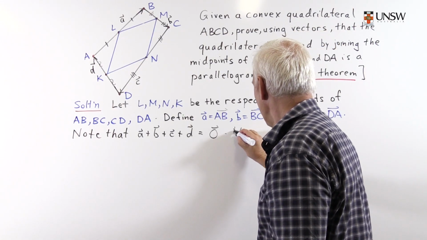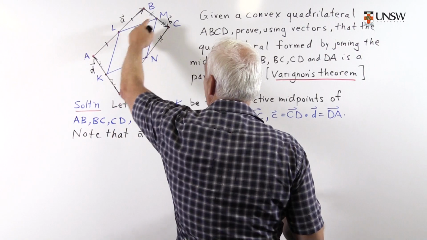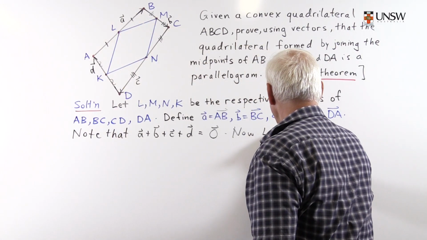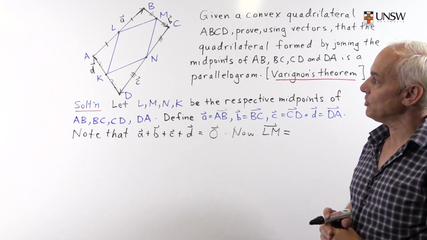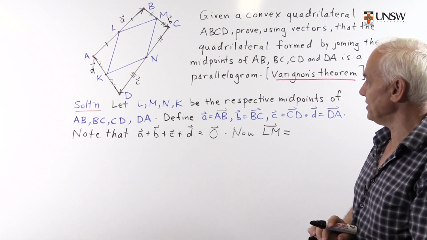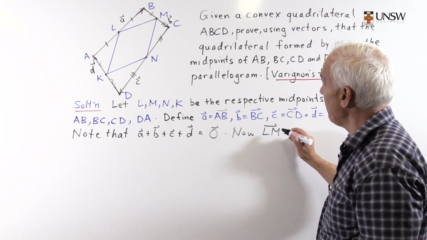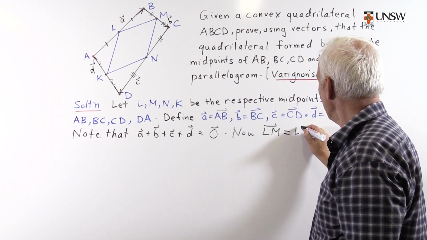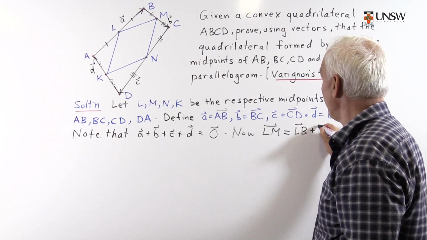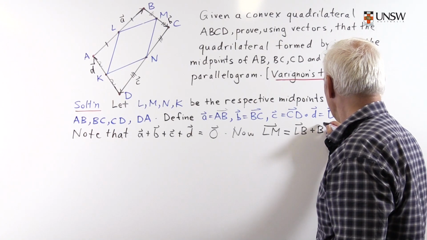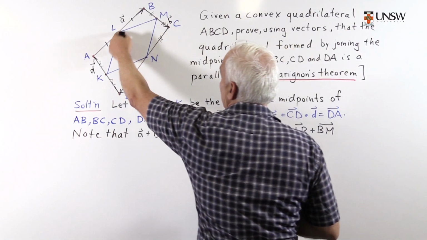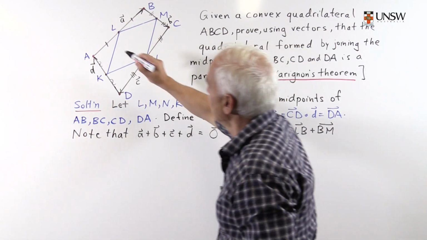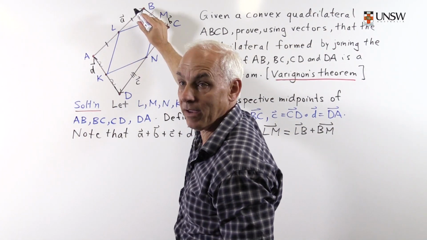All right, so now let's have a look at the sides of this interior quadrilateral. Let's have a look at the vector from L to M, LM. Let's try to express that in terms of the vectors a, b, c, and d. So LM is the same as LB plus BM. And what is the vector LB? Well, it's obviously related to the vector a.